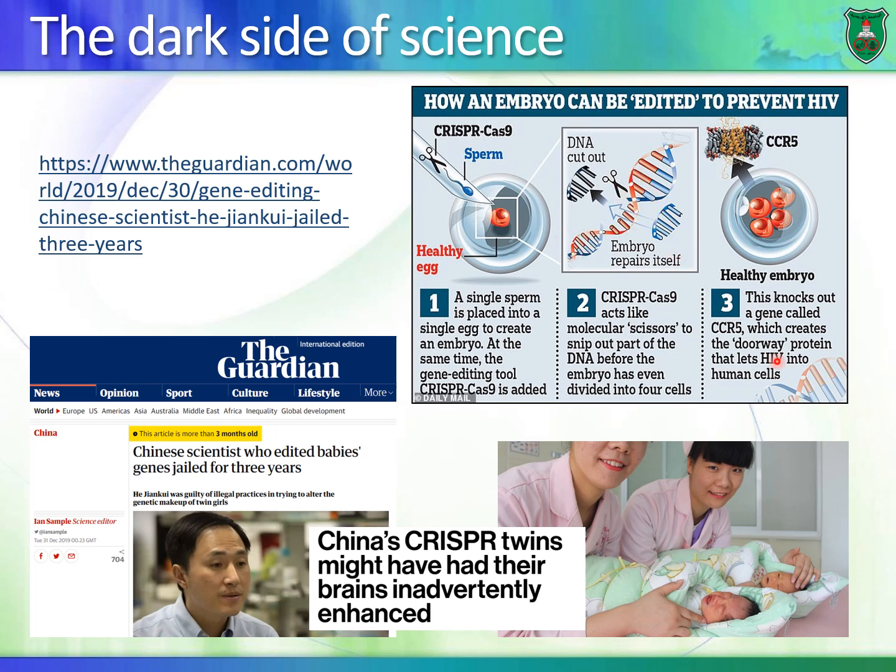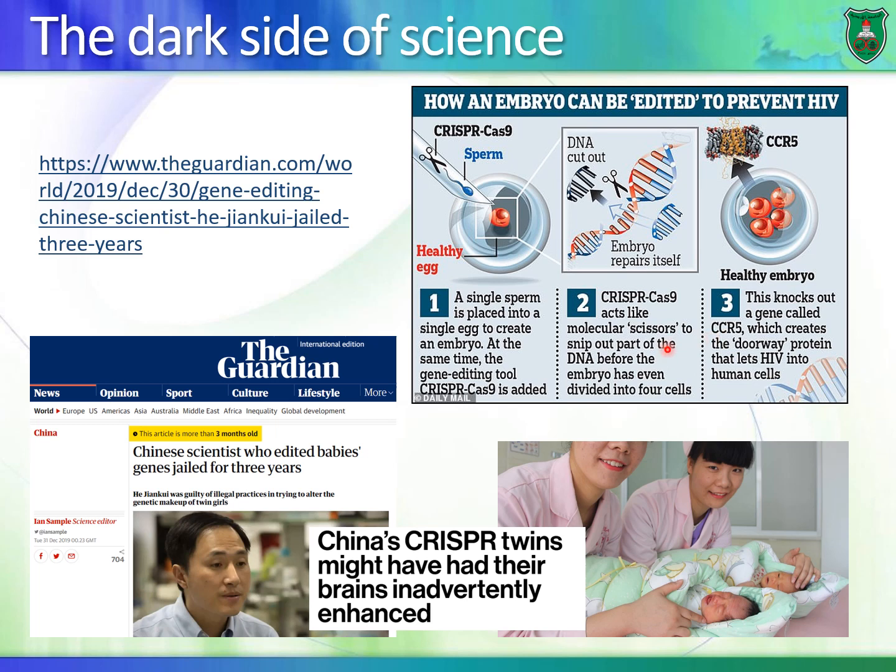Now, the gene that he changed was CCR5, and this gene would protect babies or protect human cells from the HIV. So HIV, the virus, cannot get into the mutated cells.